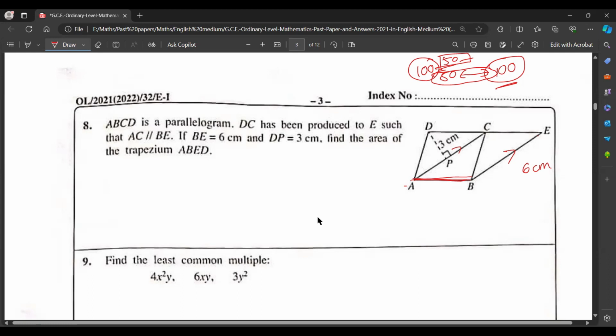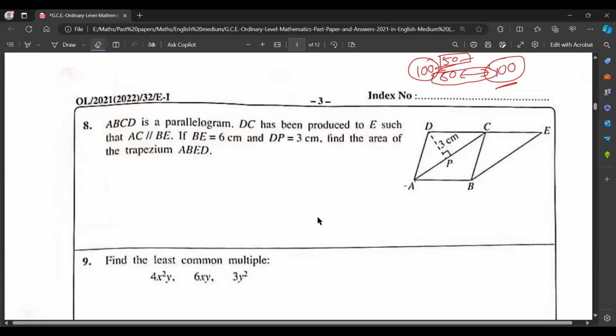DP equals 3 centimeters. Now the area of the trapezium ABED. Area of the trapezium ABED. They ask you the whole area. You know what I said now? This one is a parallelogram. If I consider this whole part, okay.